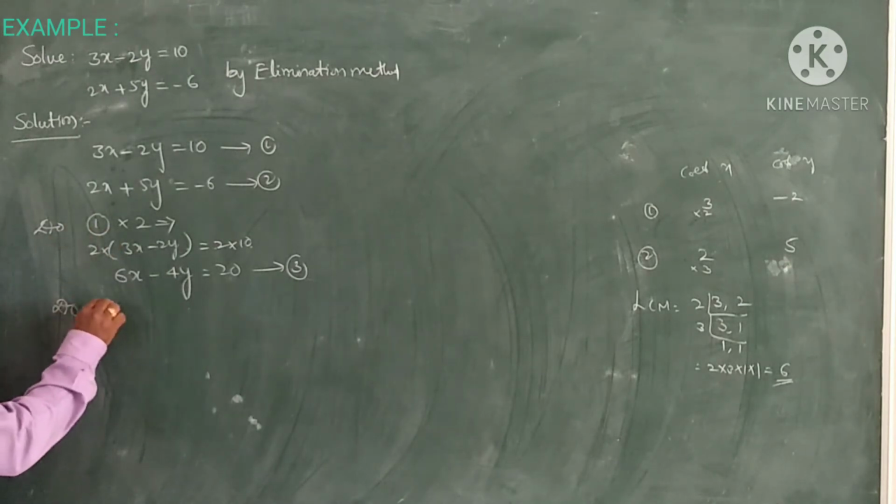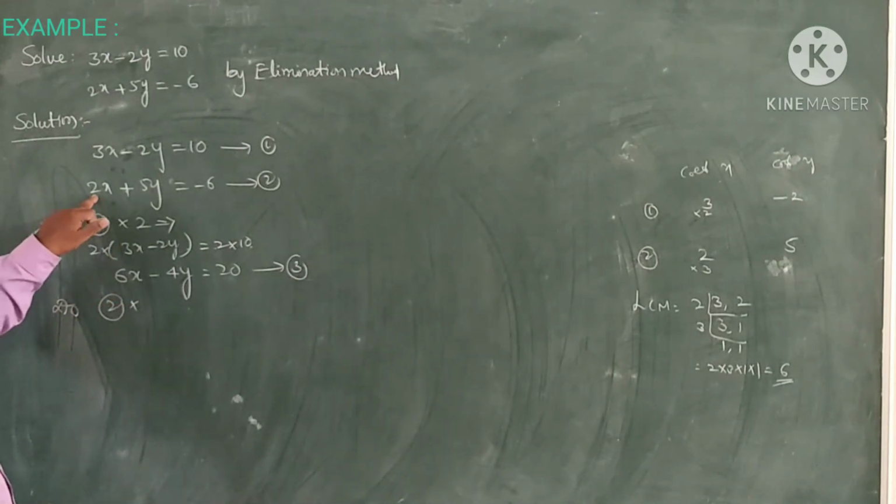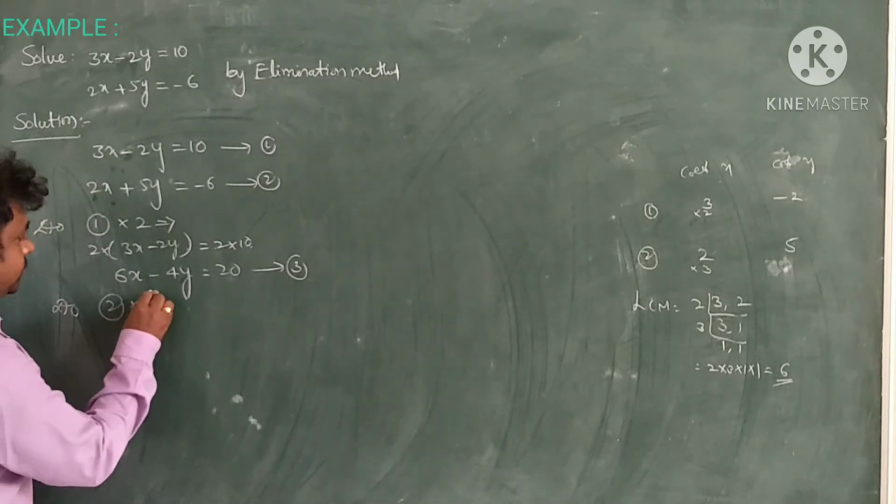Now let us do equation 2 into 3, so that we can make it 6, since 3 2s are 6.